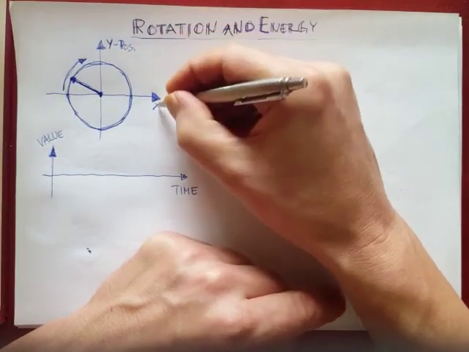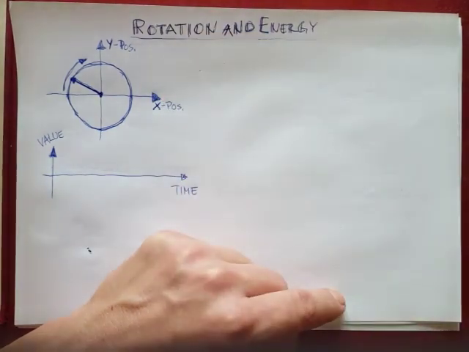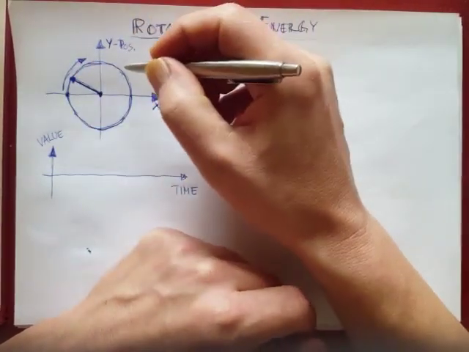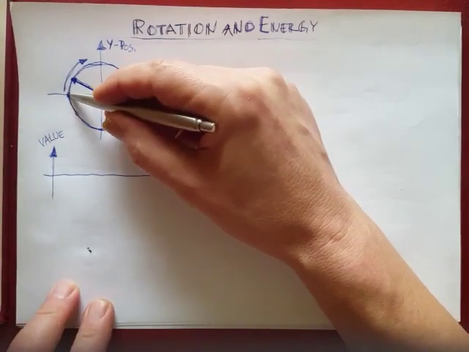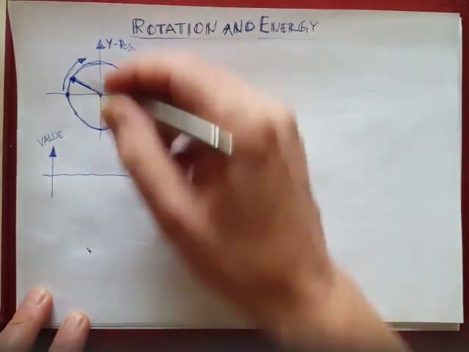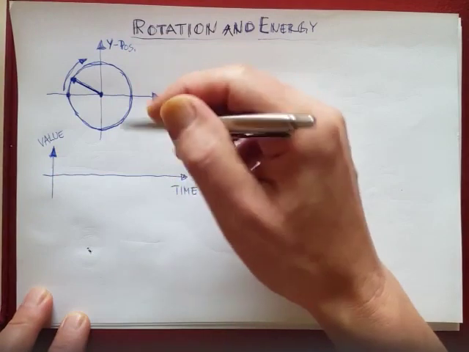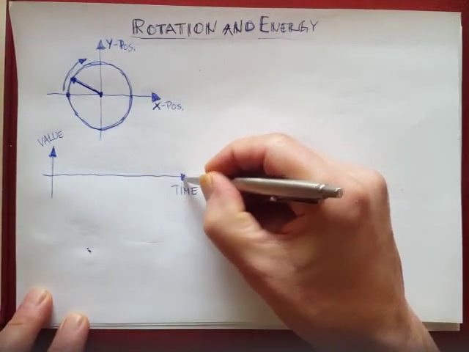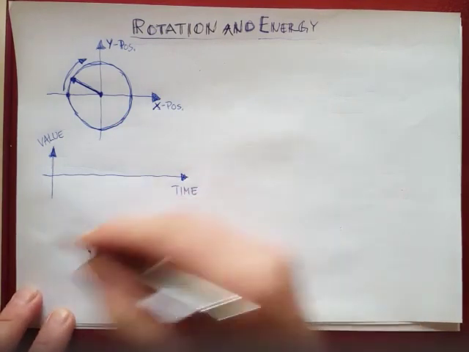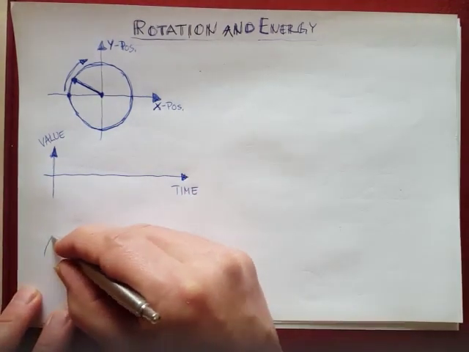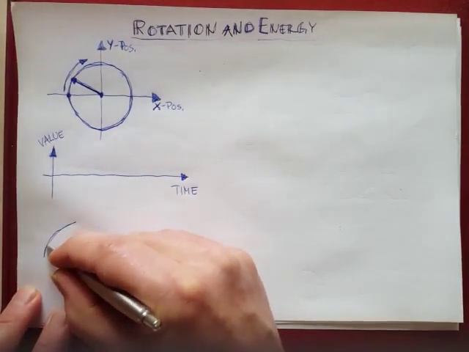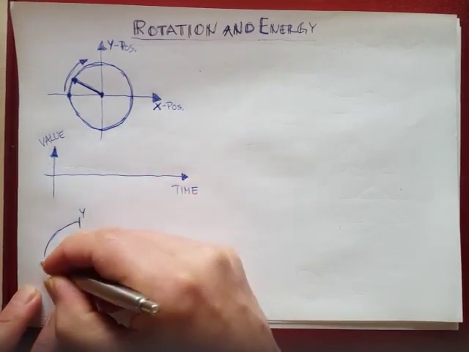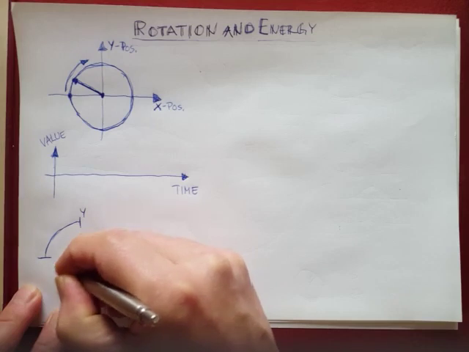So if we start here, I have to make a clarification first. In order to understand what this time dependence will look like, we can look at the segment of that circle like this. So here is the y-axis, and here comes the x-axis.